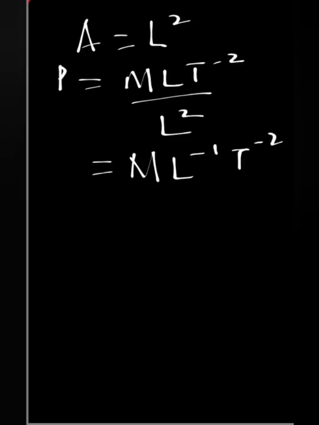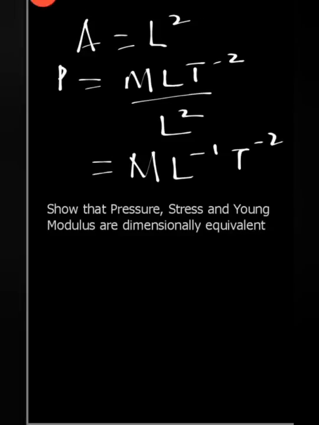You can be asked to show if pressure, stress, and Young modulus are dimensionally equivalent. To do this, all we need to remember is the fact that pressure and stress, as well as Young modulus, are all defined in the same way.